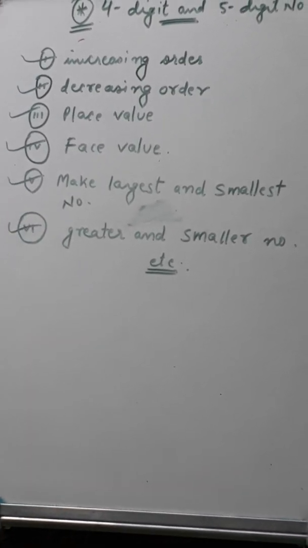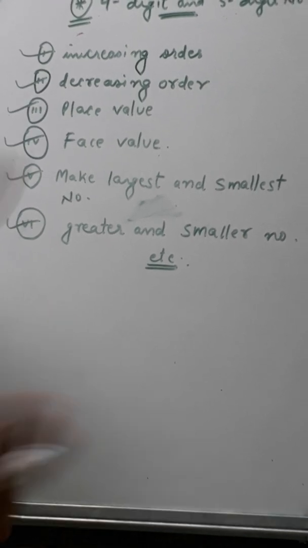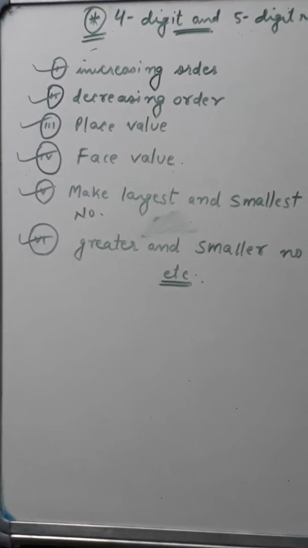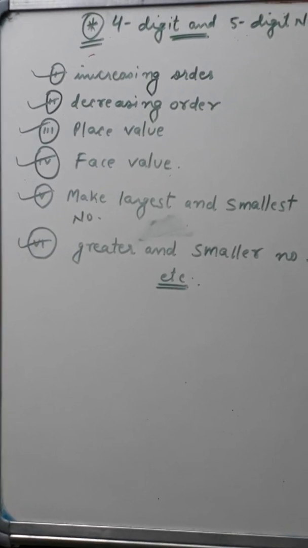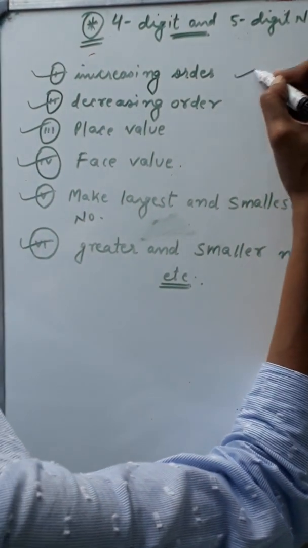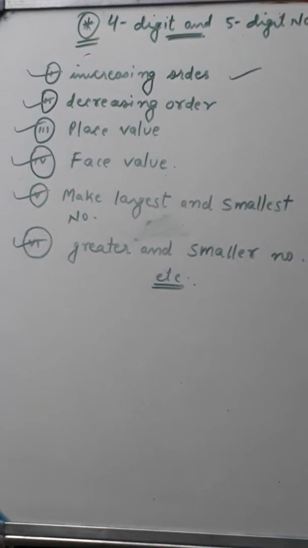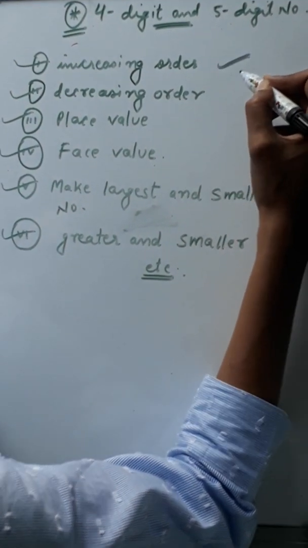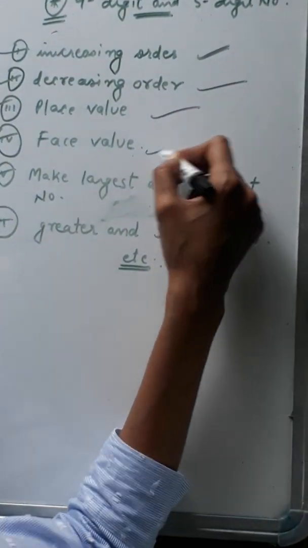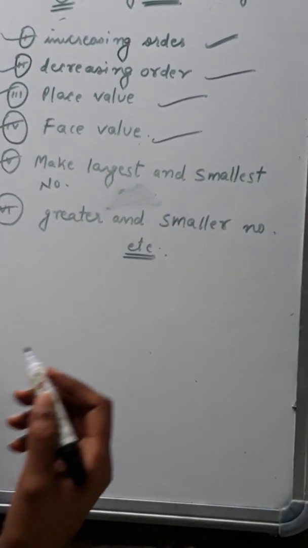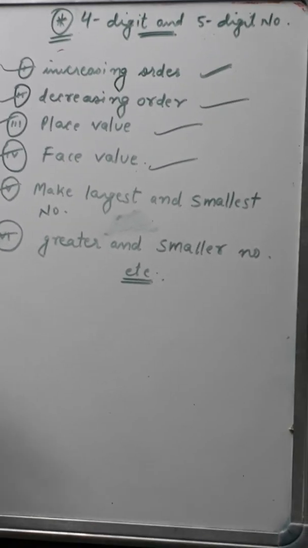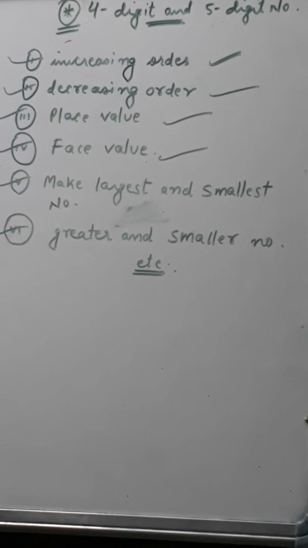There are too many topics. I think you have all studied increasing order, decreasing order, place value, face value, largest to smallest numbers and so on in your previous classes, from standard 1 to 3.